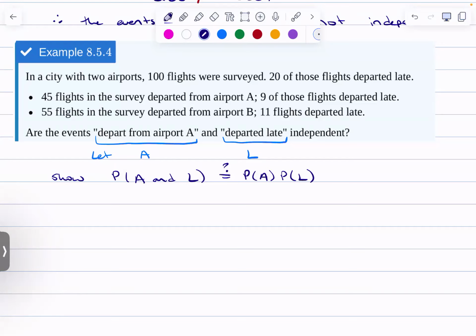The probability of A and L, they have to depart from airport A and they have to be late.